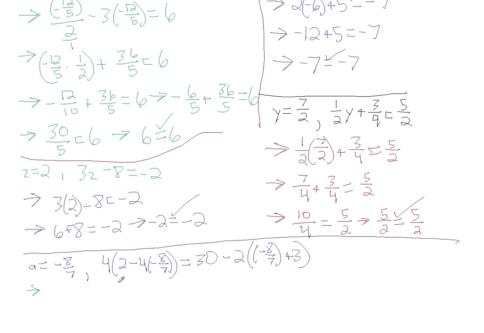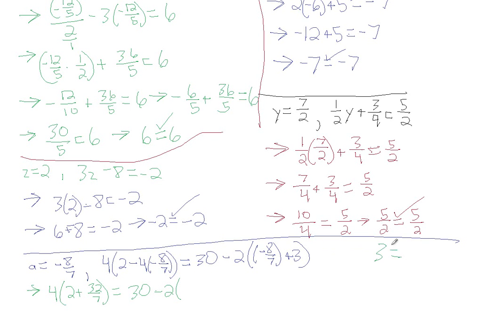All right, so let's work from the inside out in the parentheses. We have 4 times 2 minus, minus and a minus. We're multiplying two negatives, so that gives us a positive. 4 times 8 is 32 over 7 equals, we have 30 minus 2 times minus 8 over 7 and a plus 3.